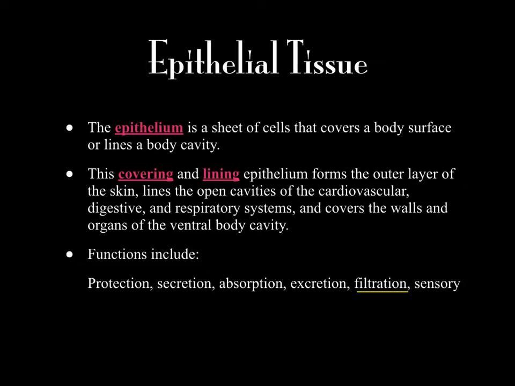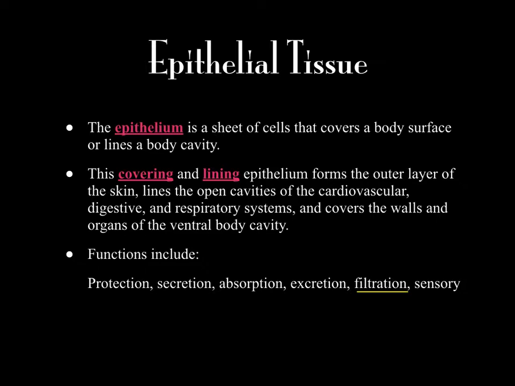And as that blood is filtered, it passes through capillaries composed of a thin epithelial tissue. And it's the passing of the blood through that tissue that allows the blood to be filtered. Now, the remaining functions that you see listed here, you'll go into more detail with when you begin looking at specific epithelial tissues.